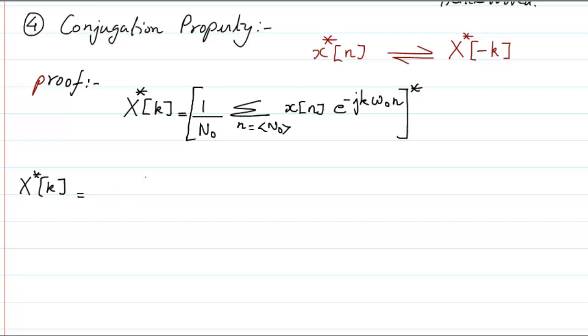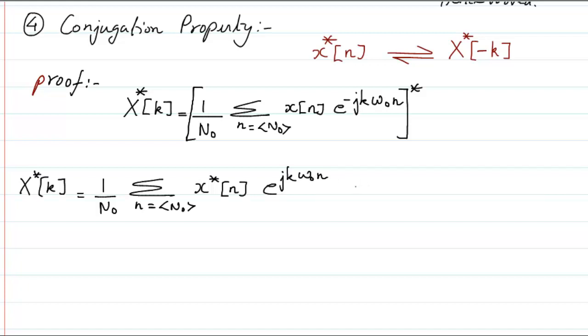Now N naught is a positive integer, so I can take that out. Summation n within the period N naught, and now we are having the conjugation appearing inside, that is x conjugate of n, and then the conjugate of the e raised to power minus j k omega naught n term, which comes out to be e raised to power plus j k omega naught n.